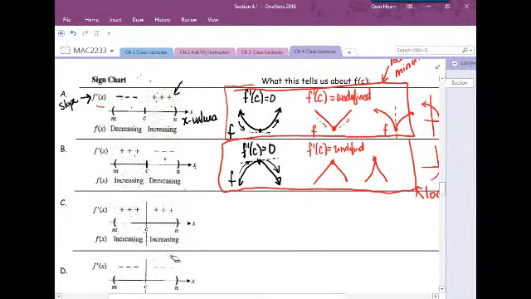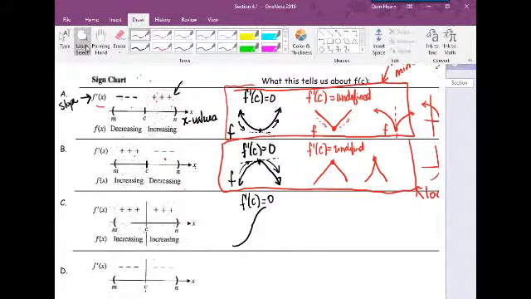Now, on the other hand, let's look at part C here. For part C, we have positive slopes on the left and positive slopes on the right. So that means that the function was increasing up till c, then something happened at c, and then it was increasing again. So what might that be describing?